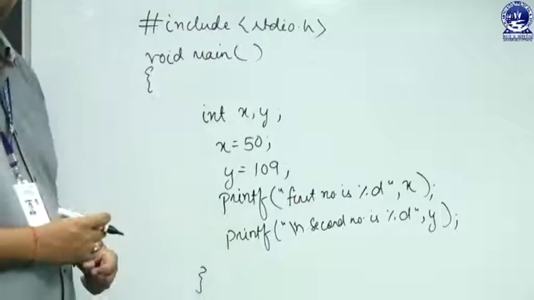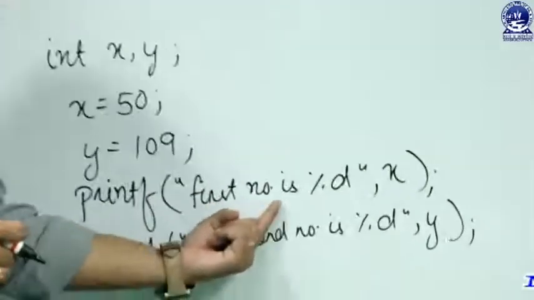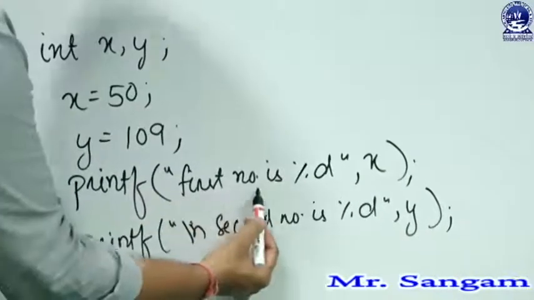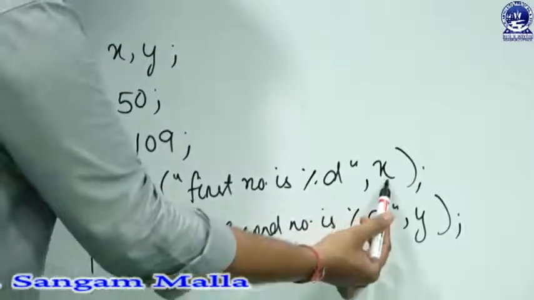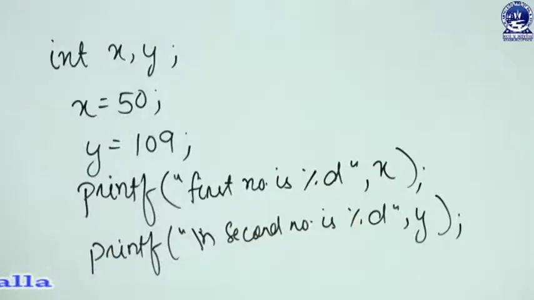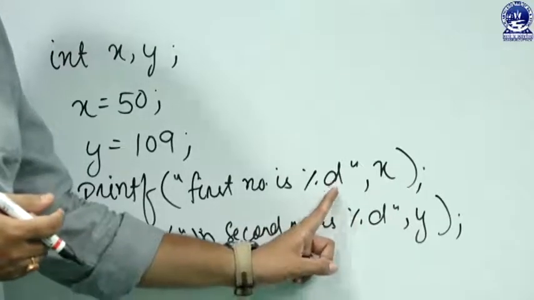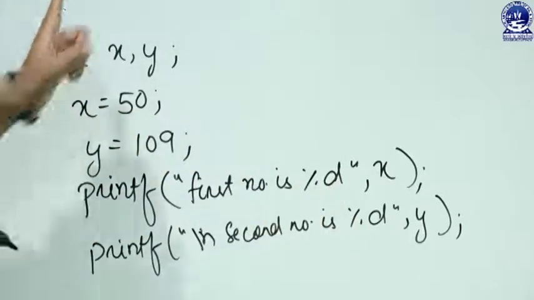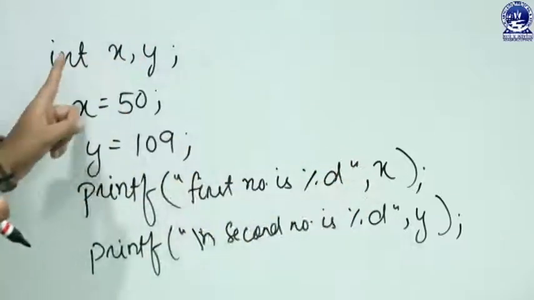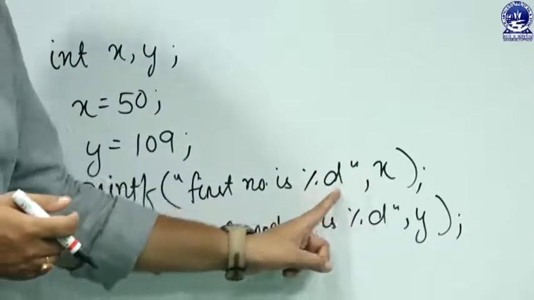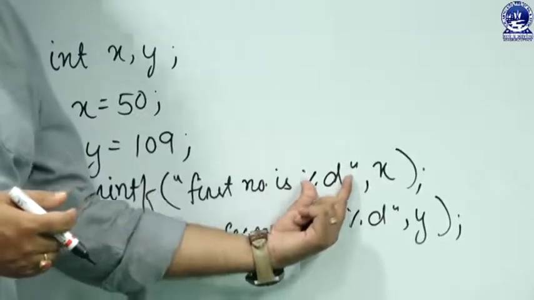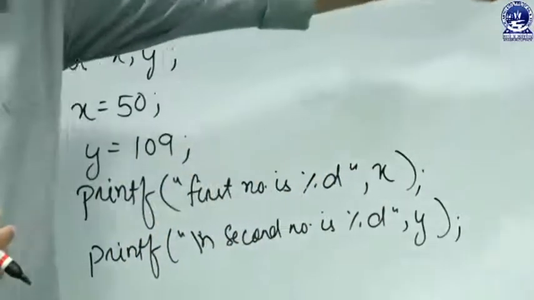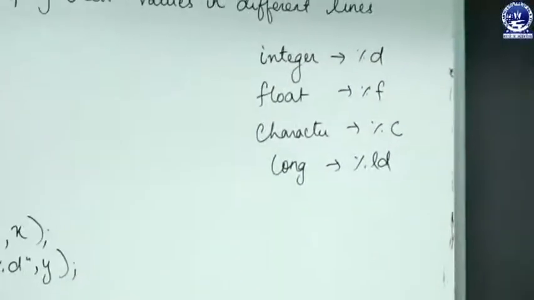So, what have I written over here? This is the message, a simple text, "first number is", and in place of %d it will print the value of x, because %d is the format specifier of integer. x is of integer type, so here I have to print the value of x, that is why I have to use the format specifier of integer type, and the format specifier of integer is %d.